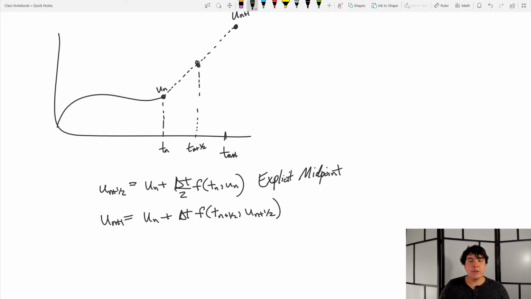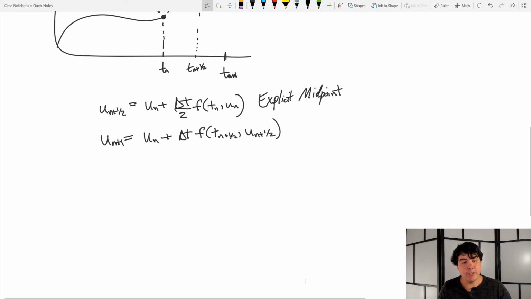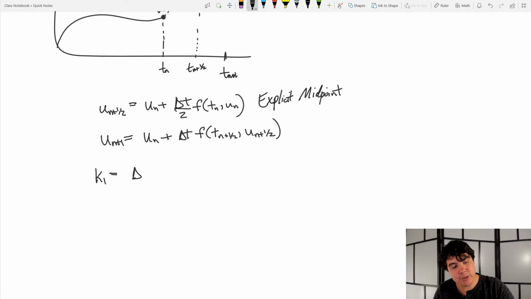But let's take a look at the structure that we have here. The way that we'd write this down is that we have function calls. We have k1 equals delta t f of t sub n, u sub n. And from there we get a g1, which is equal to u sub n plus 1/2 of k1.